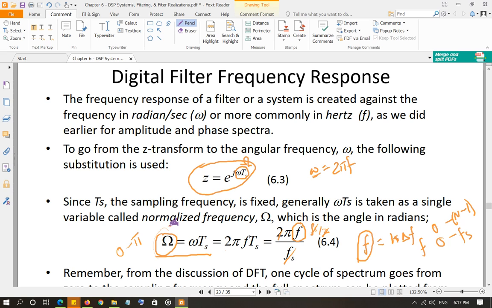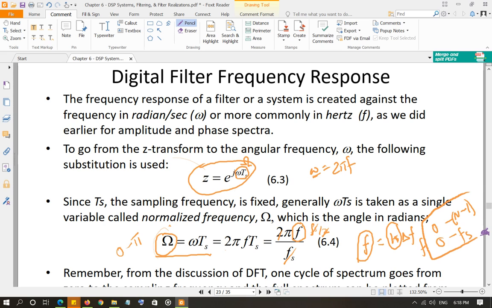Remember, the DFT is periodic in nature with a periodicity of N, that is, it goes from 0 to N minus 1 if you are plotting against the harmonic scale k, and if you're plotting against the frequency scale f, which is k times delta f, then one frequency cycle is 0 to fs.